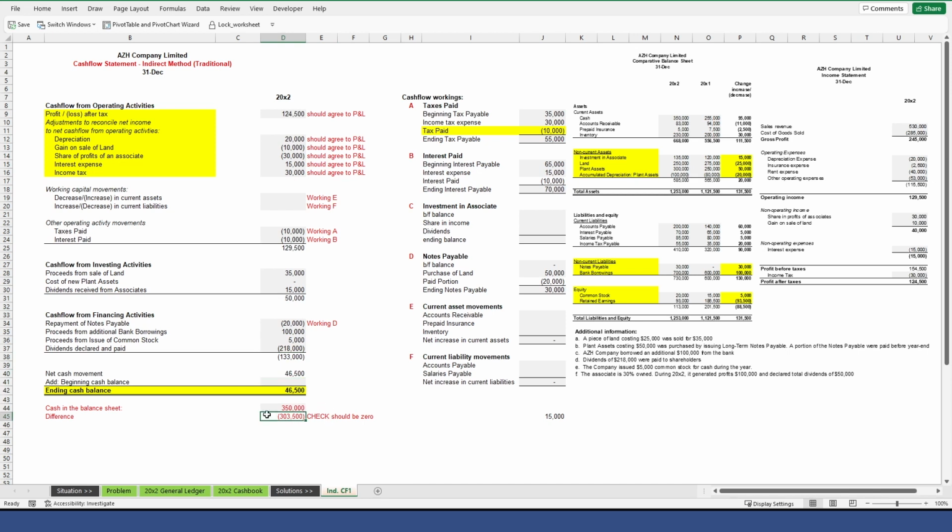We have a difference of 303,500. However, I'm seeing that we forgot to input the beginning cash balance, because here the formula is the movement in cash plus the beginning cash balance is supposed to be the ending cash balance of 350,000. At the beginning of the year, we have 255,000 of cash.